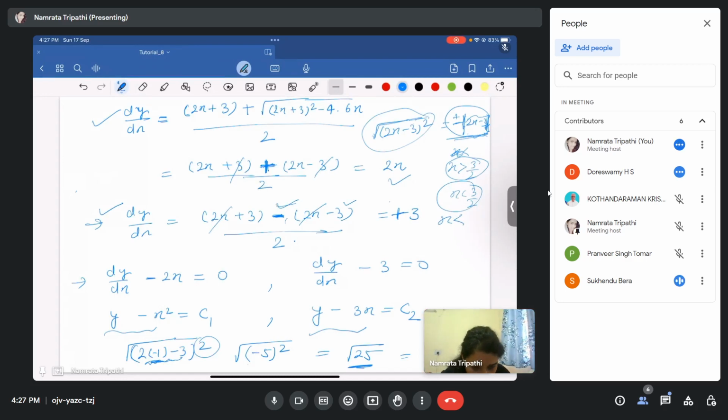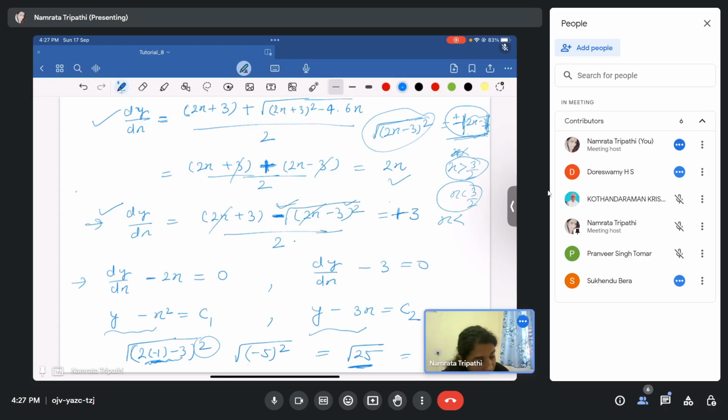Ma'am, in the second case, the minus is for the characteristic equation. For mod, minus within the bracket, minus 2x plus 3, you will get this term. Here also mod is there, for each expression. For the two expressions, x less than 3 by 2 and x greater than 3 by 2, we get two expressions.